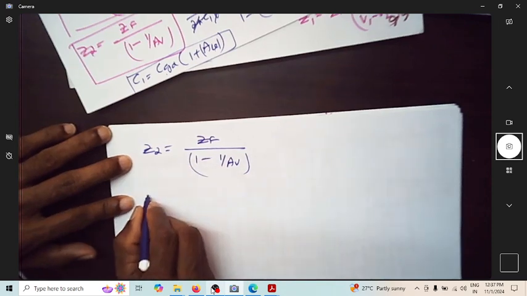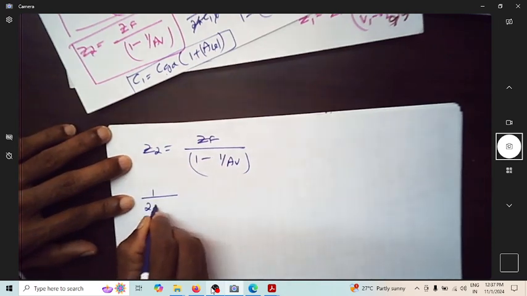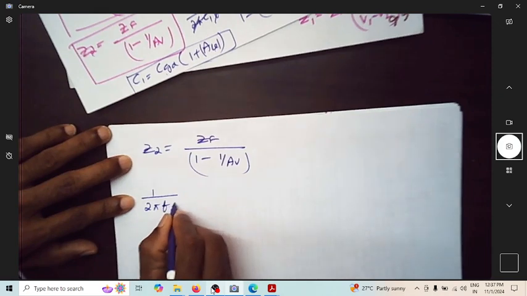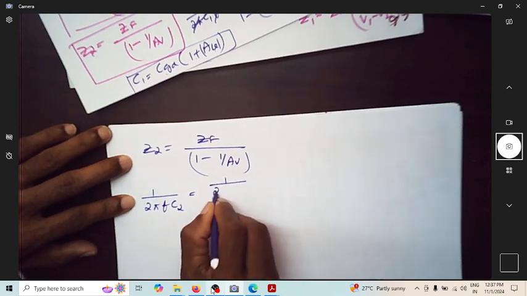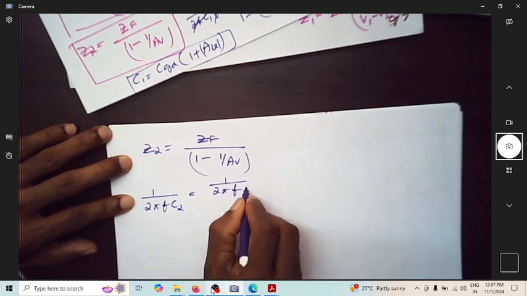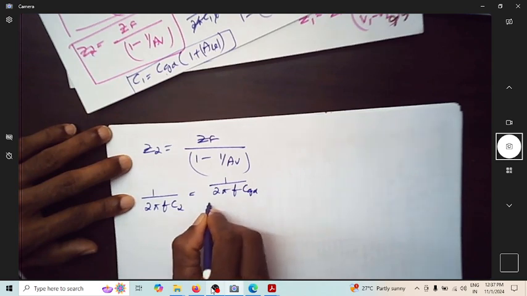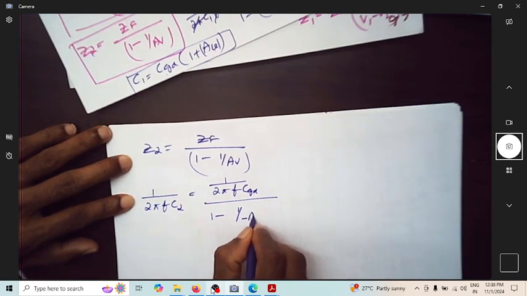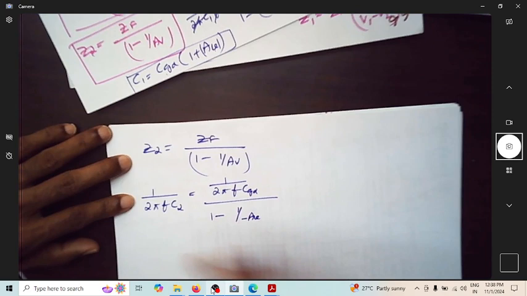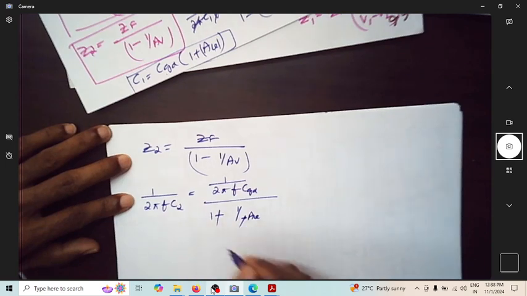In place of Z2, I write 1 over 2 pi F into C2. In place of ZF, I write 1 over 2 pi F into CGD, divided by 1 minus 1 over AV. Here AV is actually minus AV, because it is minus GM into RD. So this minus and minus will go off, and this will become plus.